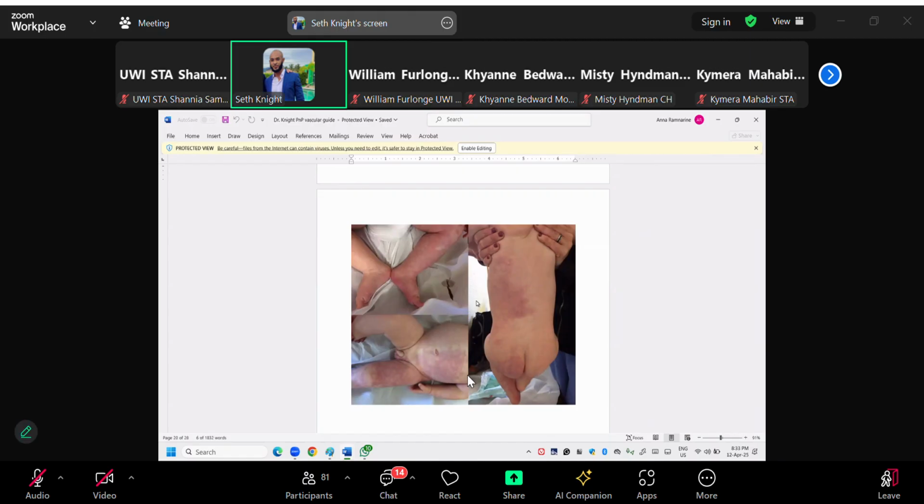Klippel-Trenaunay syndrome. What's the triad for Klippel-Trenaunay syndrome? One, port-wine stain. Two, venous malformation, it has varicose veins.